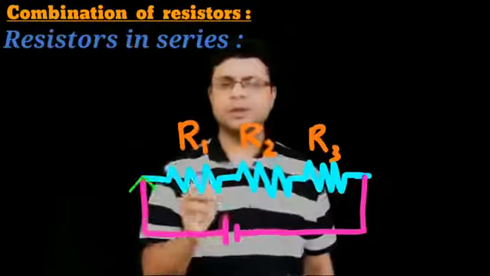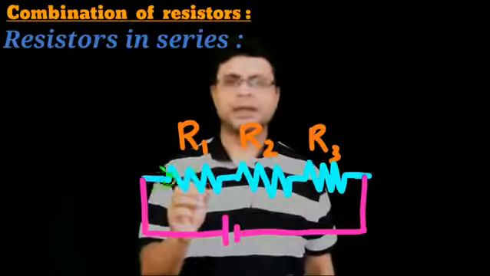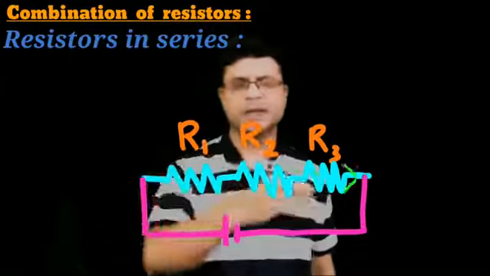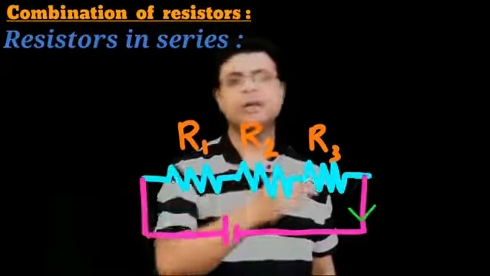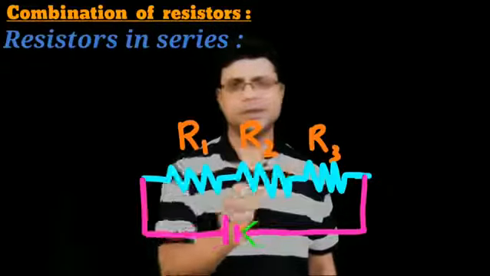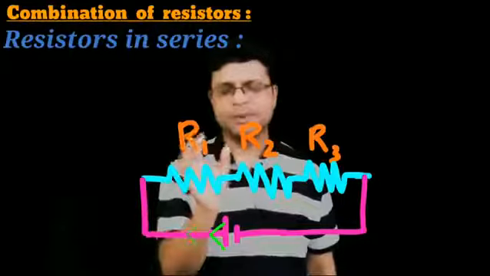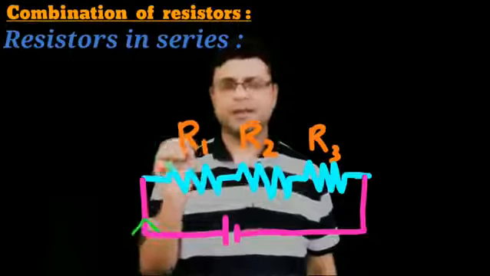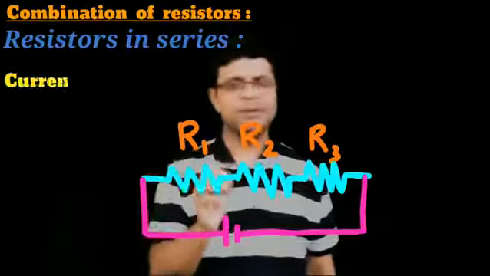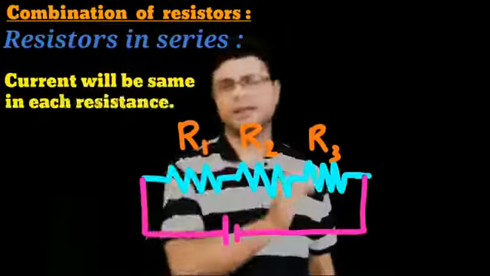So always remember, students, if resistors are in series, the same current will flow through all the resistors and the potential difference will be distributed. So the simple thing is that when resistors are in series, I will be the same and V will be different.